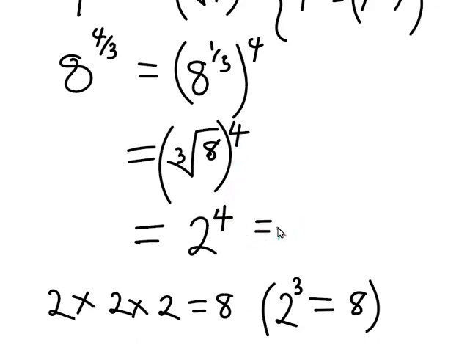So if you have to further simplify, it means 2 times 2 times 2 times 2. So 2 times 2 times 2 is 8, then times 2 gives us what? So here I can simply say my answer is 16.